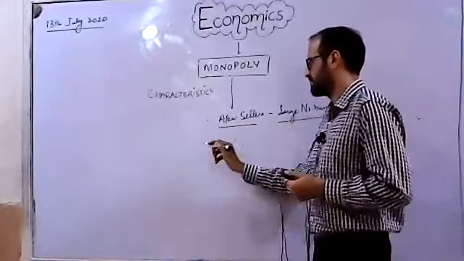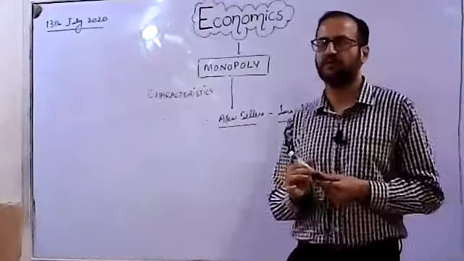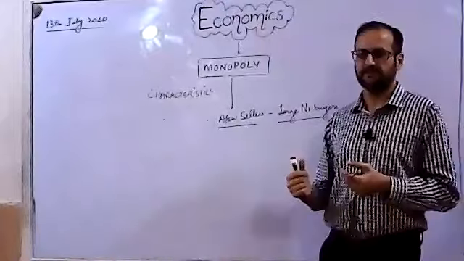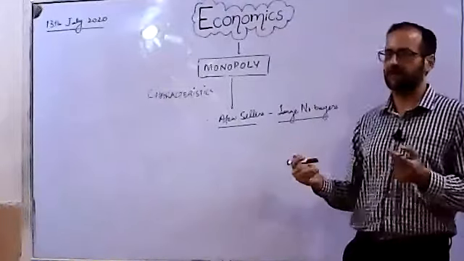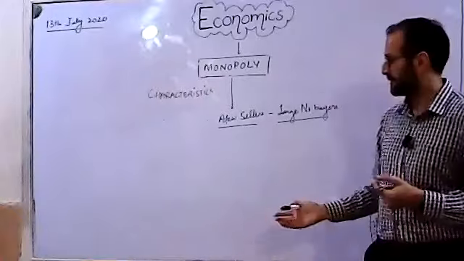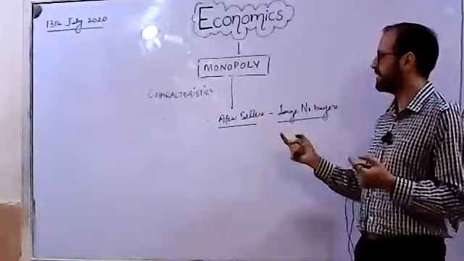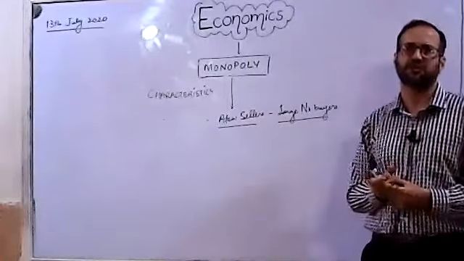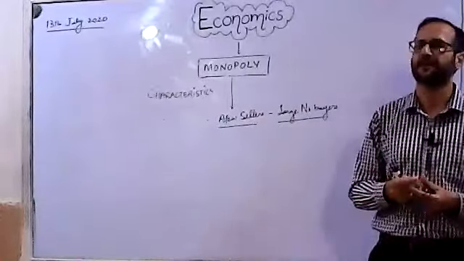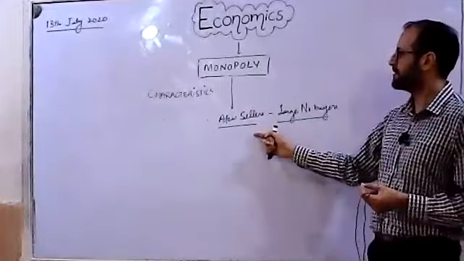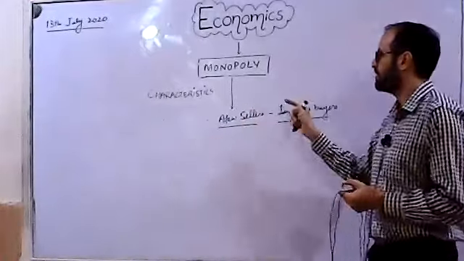A few sellers can be 1, 2, 3, maybe 5 or 6, not more than that. When there are 2 or 3, they will be capturing the greater market share, and then they can form a monopoly. So the very first thing is that they are very few.